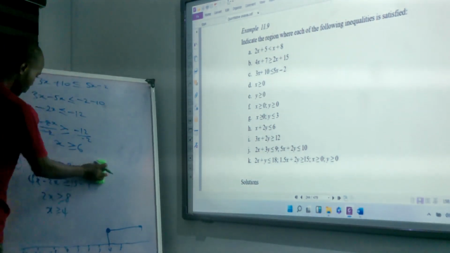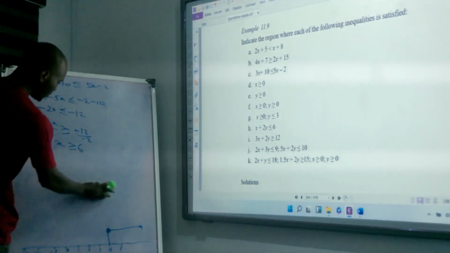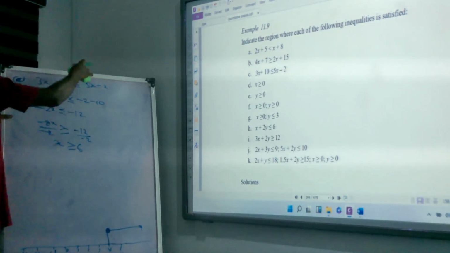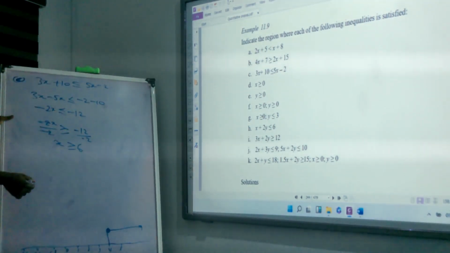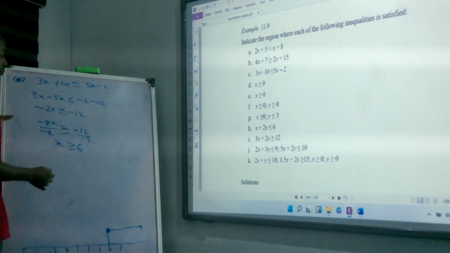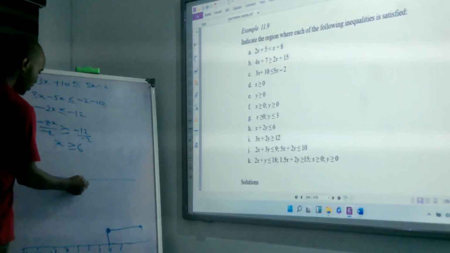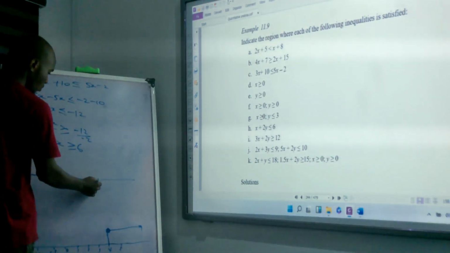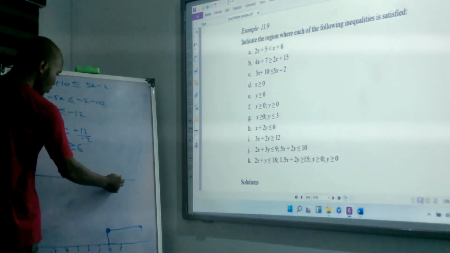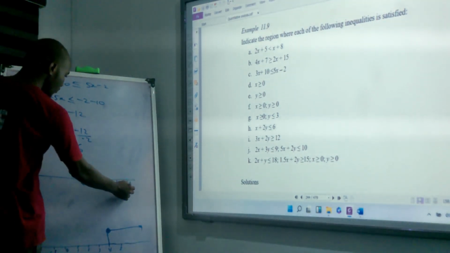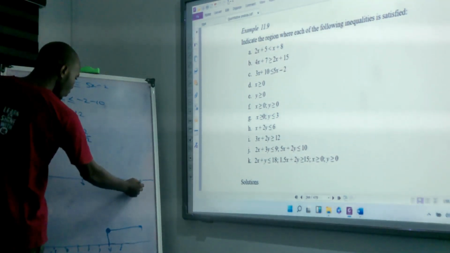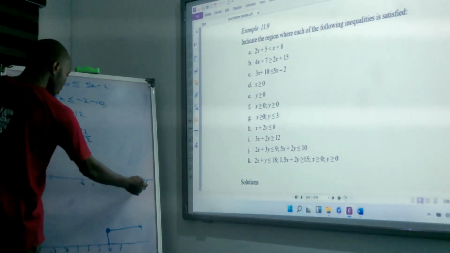Now, find out the number line. What are we going to obtain? If it is drawn on a number line, we have 0 here, so 1, 2, 3, 4, 5, 6.